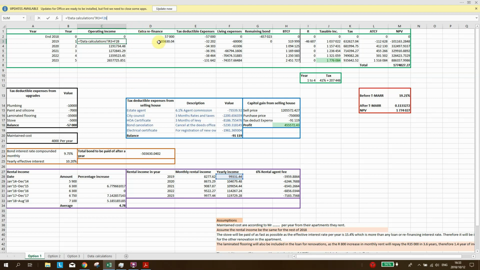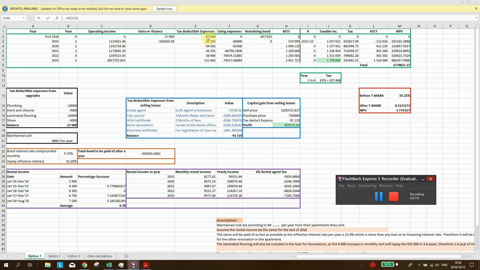In this case, we said we're going to refinance the house in 1 year. So she's going to refinance and pay off the bond, which escalated with let's say 46,000 interest. The interest calculation can be seen.